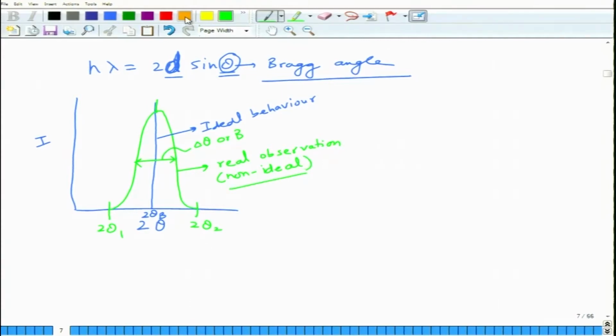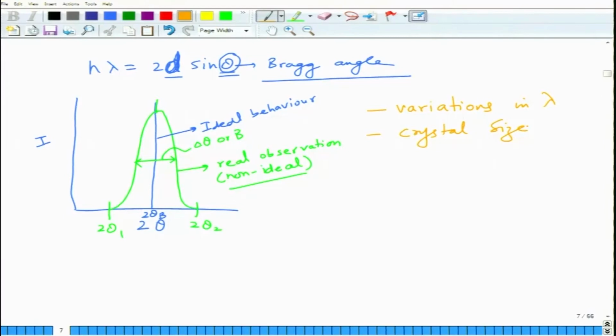This non-ideal observation is because of deviations from idealities in the X-ray diffraction. Those deviations could be very tiny variations in lambda, or variations because of crystal size.